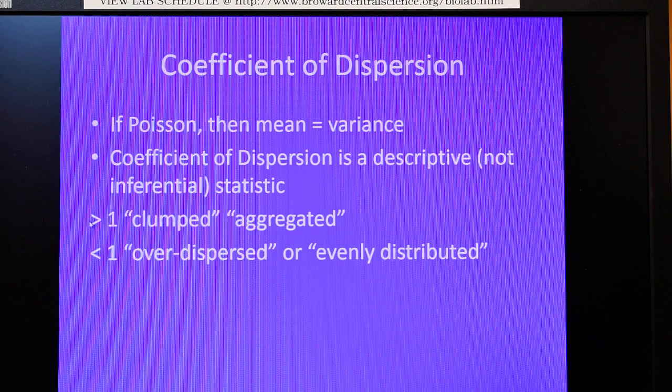Now if they're equal, you get 1, but that rarely is going to happen with data. If you get a value much greater than 1, then you would interpret it as being clumped. The plants are in these big clumps, or we say they're aggregated.